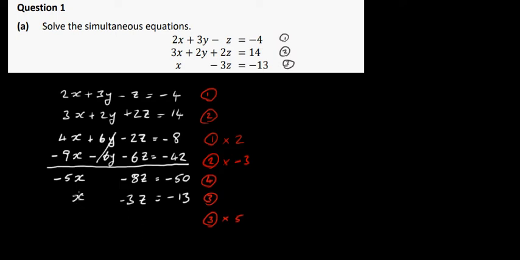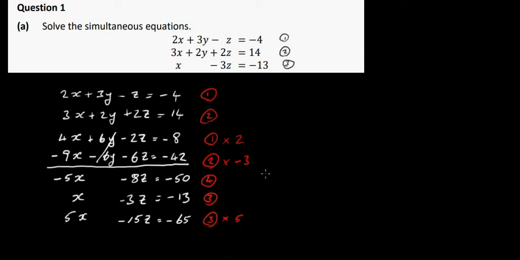If I multiply by 5, I'll end up with a 5x here and a minus 5x here, which will cancel nicely for me. So multiply this by 5, I'll get 5x. Multiply this by 5, I'll end up with minus 15z, and then multiply this by 5 as well, that'll give me minus 65.